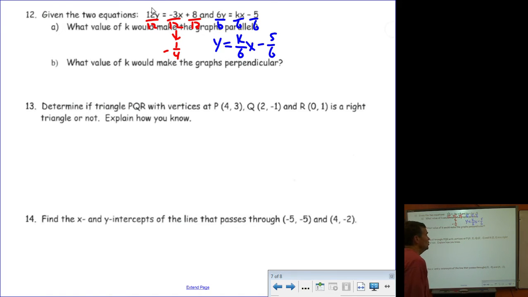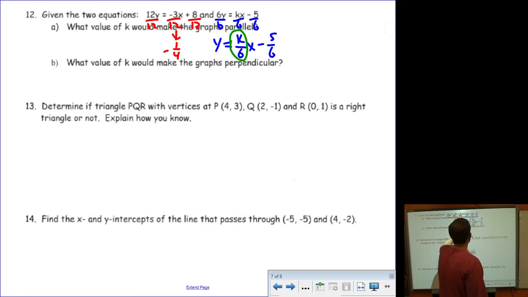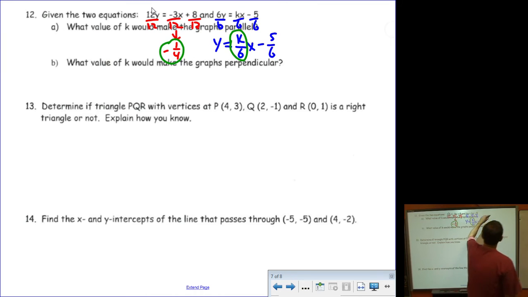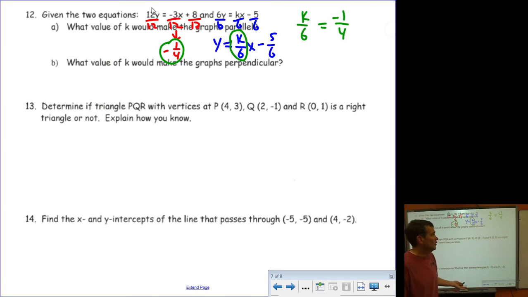So, what value of k makes this slope and this slope equal to each other? I need to solve that equation. K over 6 equals negative 1/4. I need to solve what value of k makes k over 6 equal negative 1/4. Then they'd have the same slope and they'd be parallel.